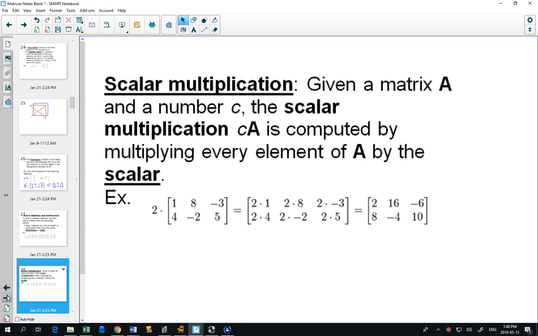So I'd get 2, 16, negative 6, 8, negative 4, 10. And everything is straightforward. Adding and subtracting matrices, super easy. Multiplying by a number in front, super easy.